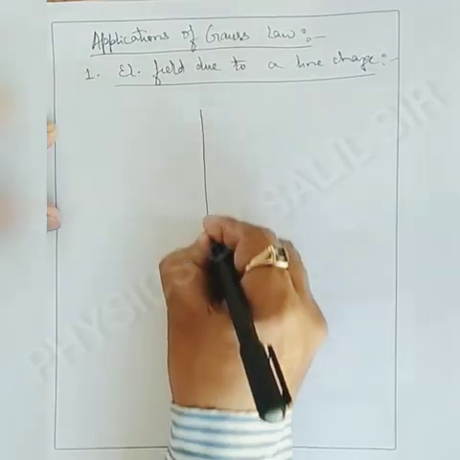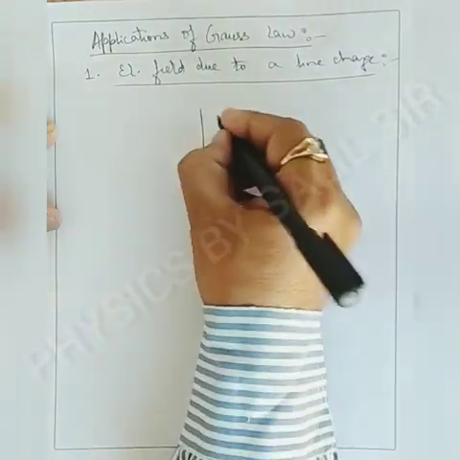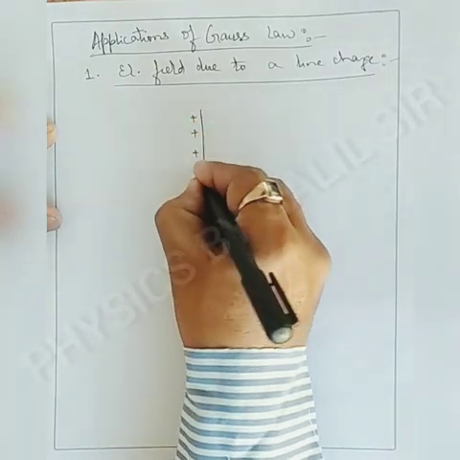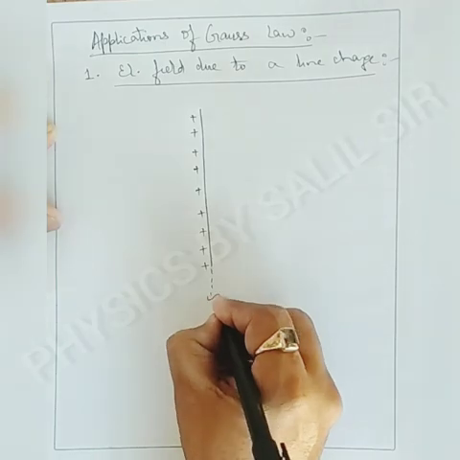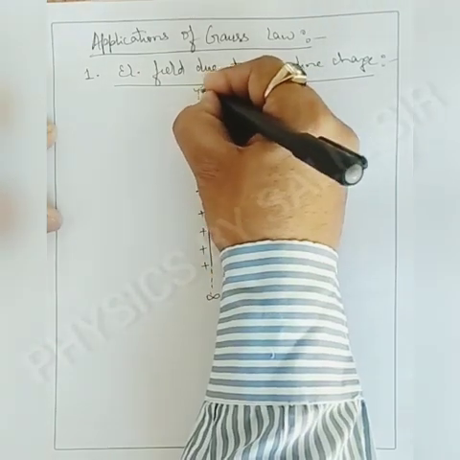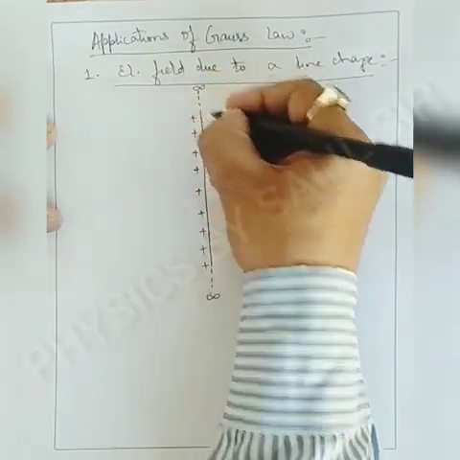Suppose this is a line charge to which positive charge is given, and this is infinitely long, so on both sides it extends to infinity.